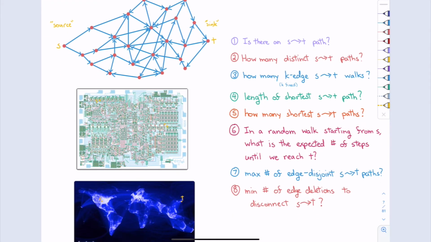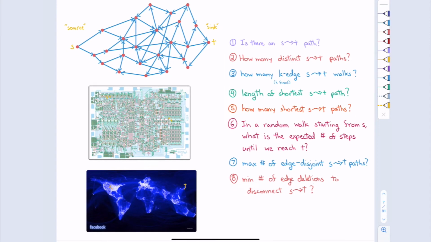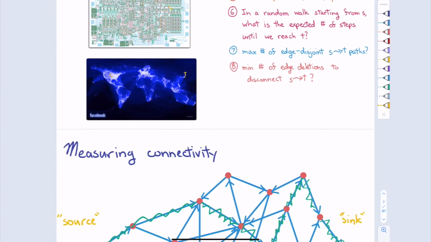Okay, and then there's of course many questions you can ask, of which we ended up focusing on these last two questions. What's the maximum number of edge disjoint S-T paths and the minimum number of edges you need to delete to make sure S can no longer get to T? Okay, so these are also very literal applications of network analysis.